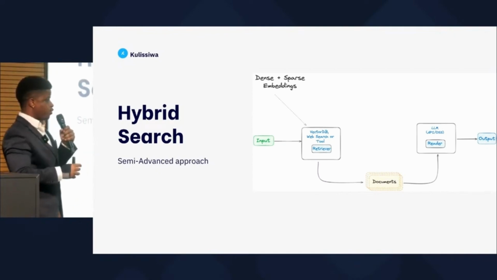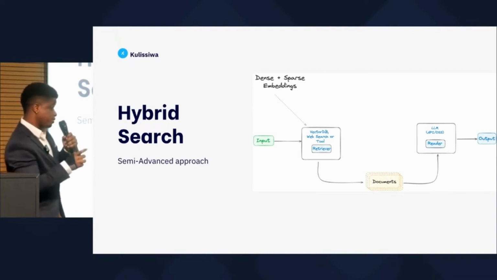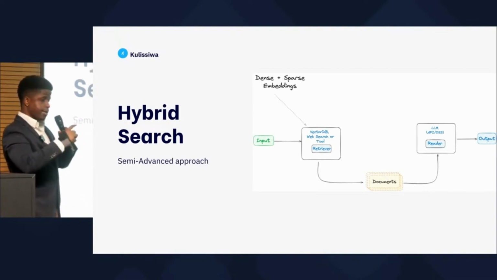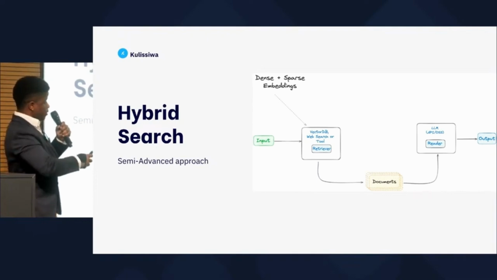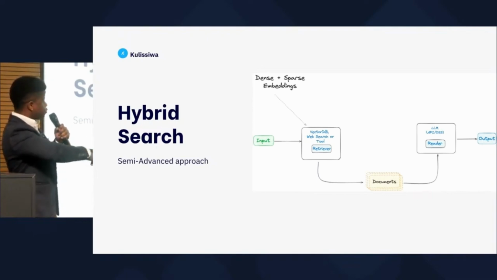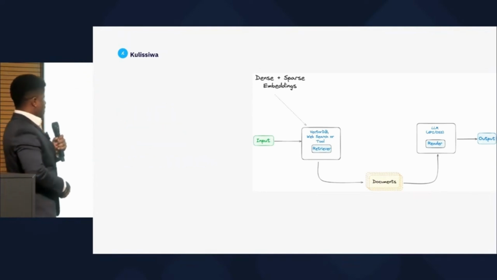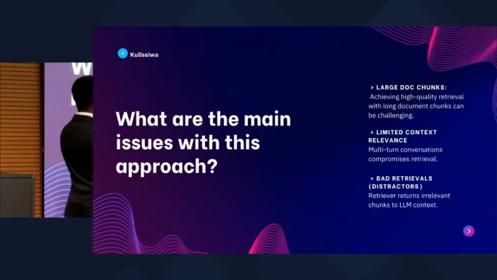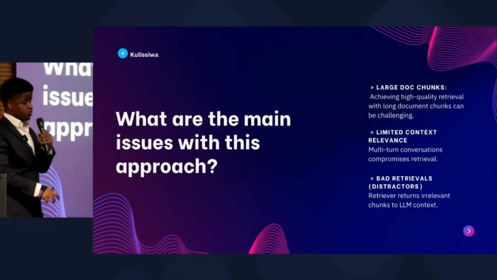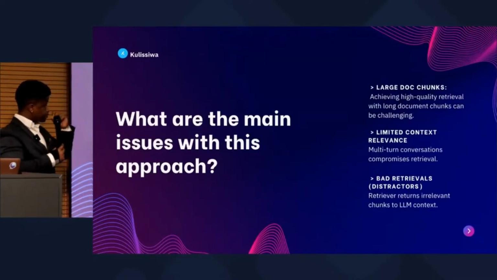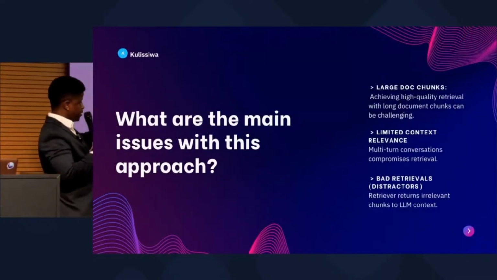So for example, if you're looking for the keyword doctor in your queries, the retriever will be able to find those chunks much easier if it has a hybrid search mechanism. But this doesn't necessarily address all of these problems. It addresses number one, but you still have three others.